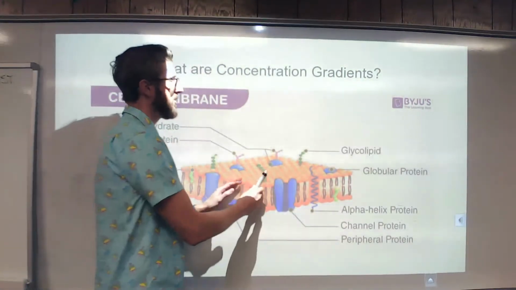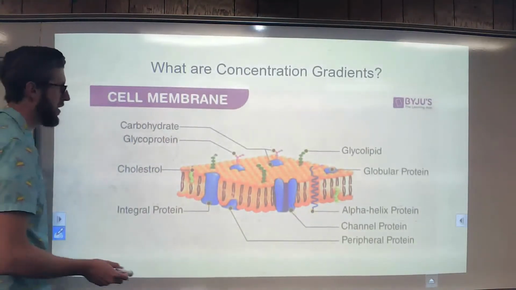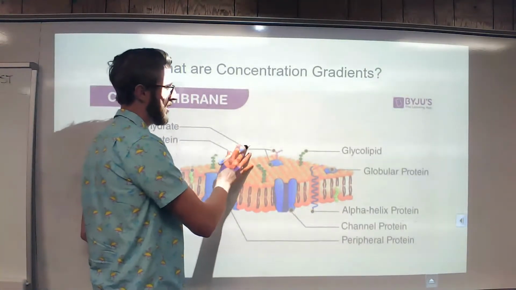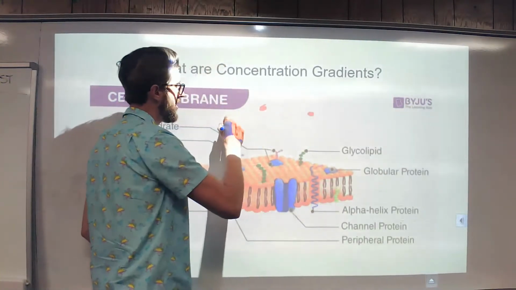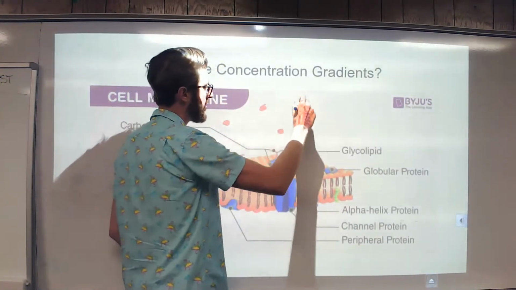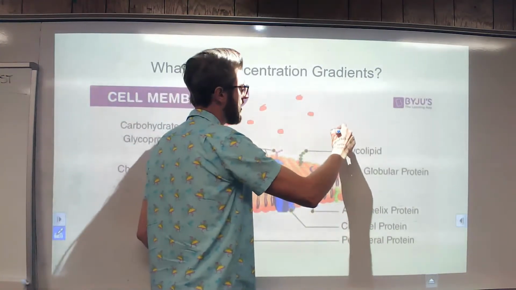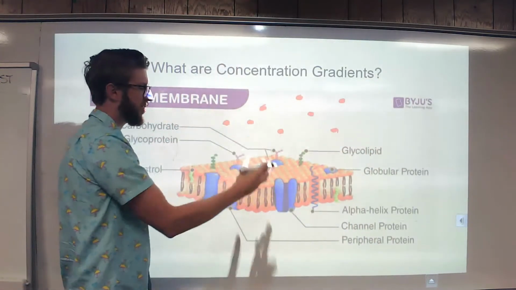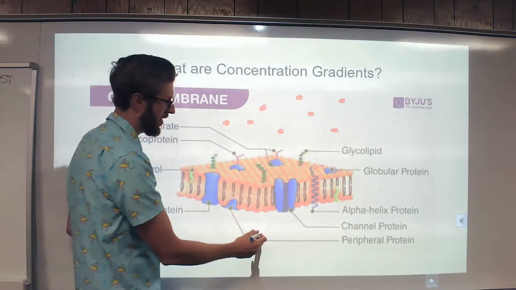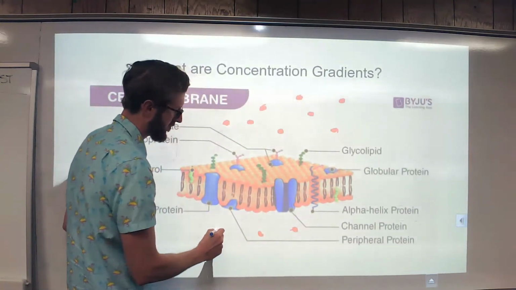Okay, so if we have stuff on the outside of the cell and we have stuff on the inside of the cell, let's say that there's a high concentration or a high percentage of these red dots outside the cell versus the percentage of red dots inside the cell. Let's say there's only a couple, okay?